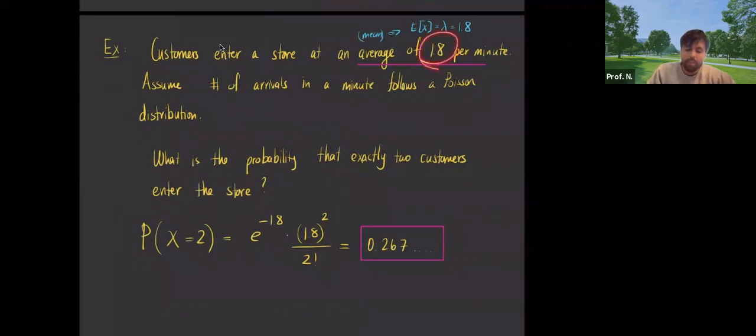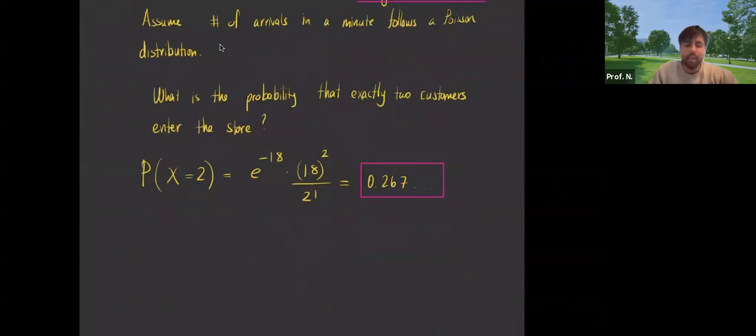They're going to give you some kind of average, and then ask you for the probability that the random variable is 2, or stuff like, what is the probability that it's greater than or equal to 2? So you need the summation of probabilities when x is greater than or equal to 2. But you're not going to compute an infinite number of probabilities. That's not feasible.